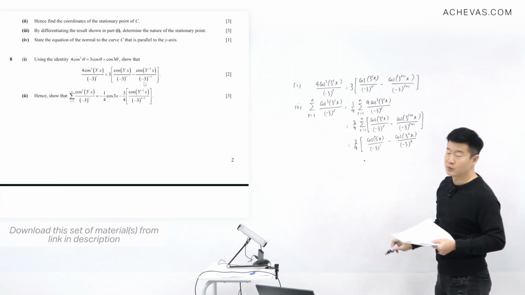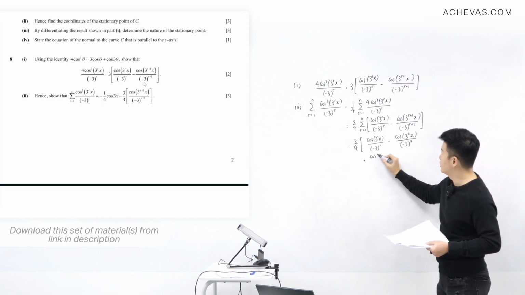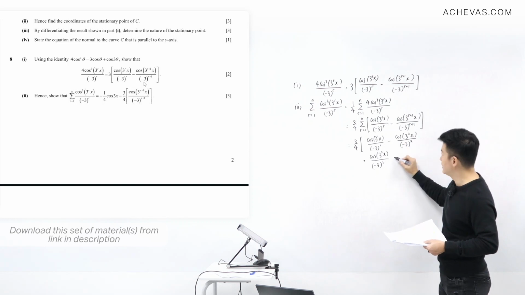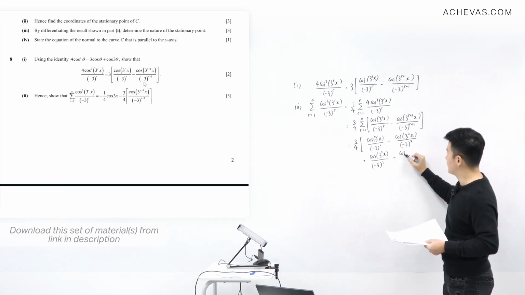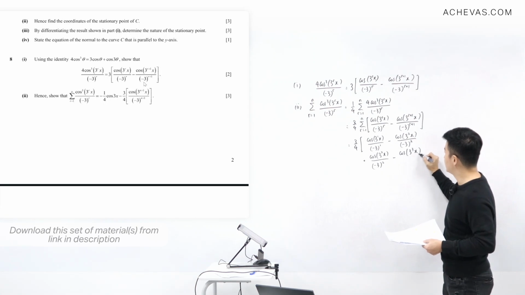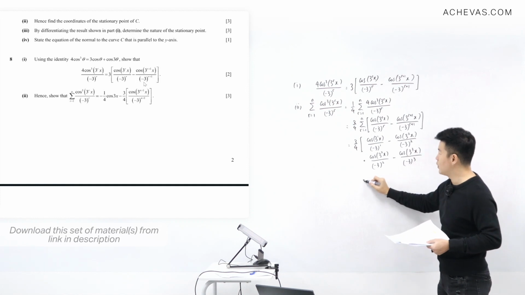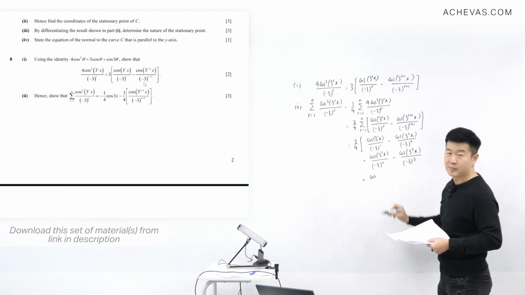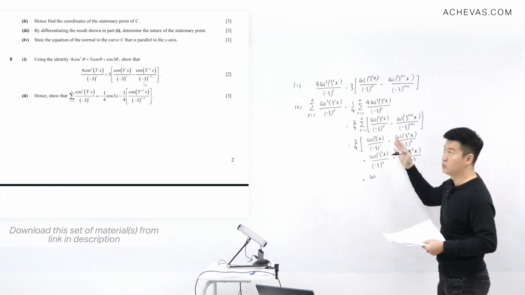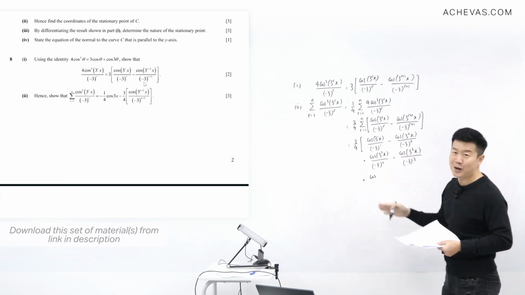Then letting r be equal to 2, we have cosine 3 to the power of 2x over negative 3 to the power of 2, which is the same as this. Then minus away cosine, letting r be equal to 2, this is going to be 3 to the power of 3x over negative 3 to the power of 3. Let me write down one more row by letting r be equal to 3.